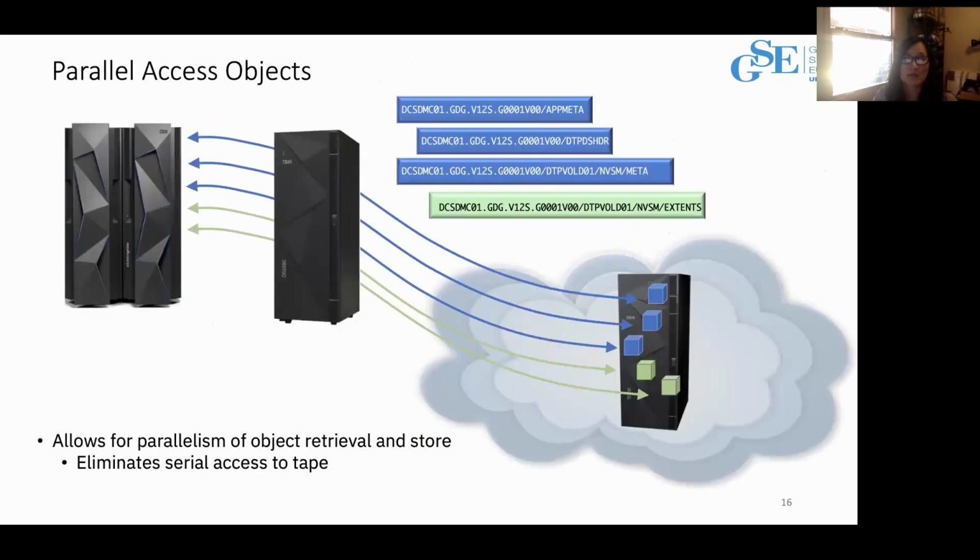One of the main advantages of moving objects, so Eddie talked about the MIPS savings that you get in the host, is just one of the big items that you save, but another major advantage is your ability to do parallel access to an object.